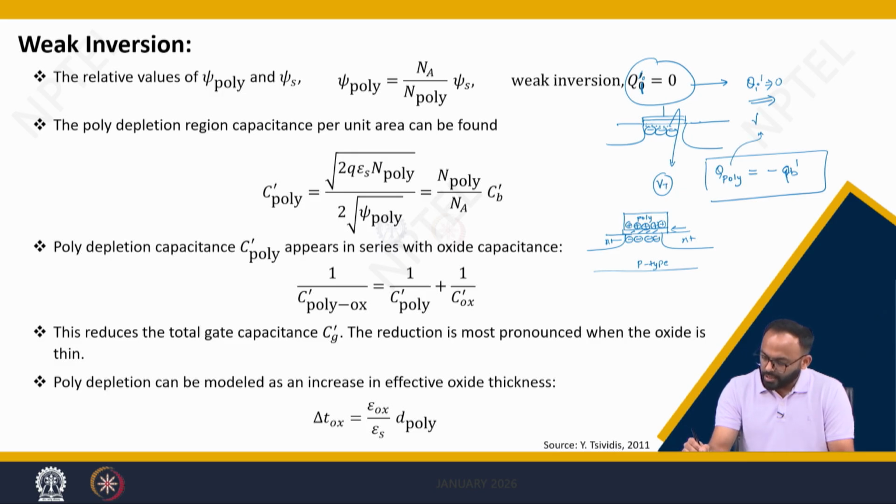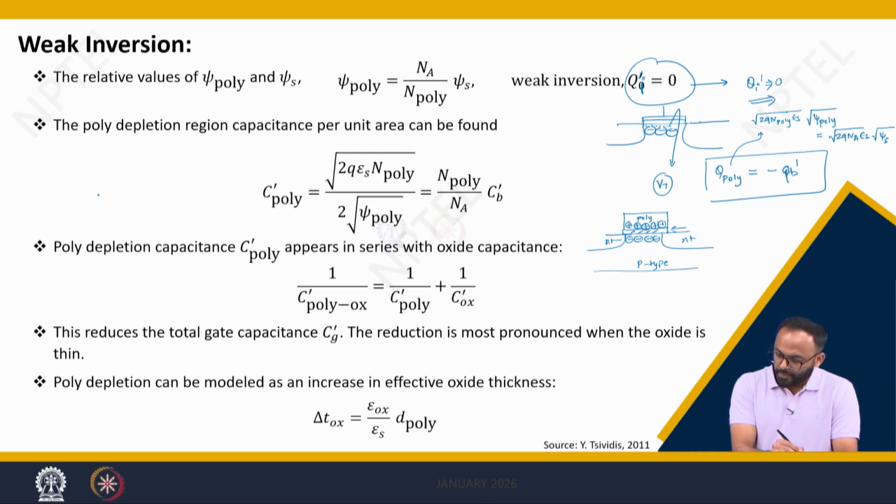Q poly is given by square root of 2 into Q into N poly into epsilon S into square root of psi poly, which should be equal to the negative of 2 into Q into Na into epsilon S into root psi S. The negatives cancel. From this equation we can compute that square root of Na into square root of psi S is equal to square root of N poly into square root of psi poly, which gives psi poly equal to Na into psi S divided by N poly.